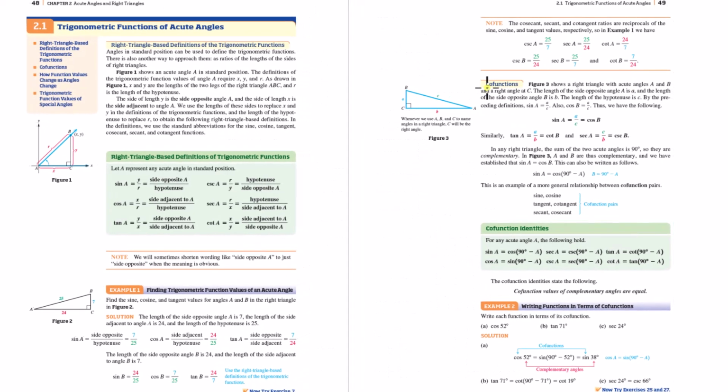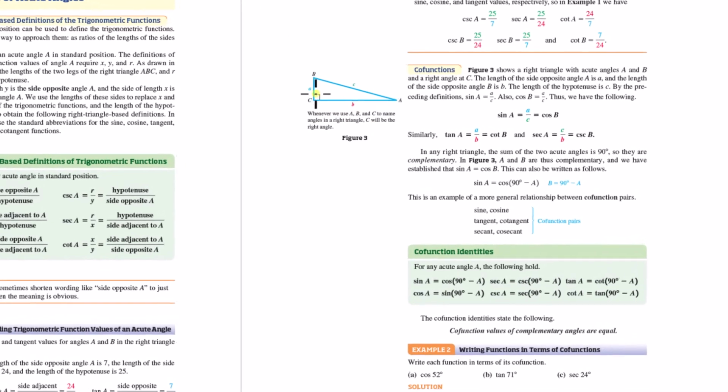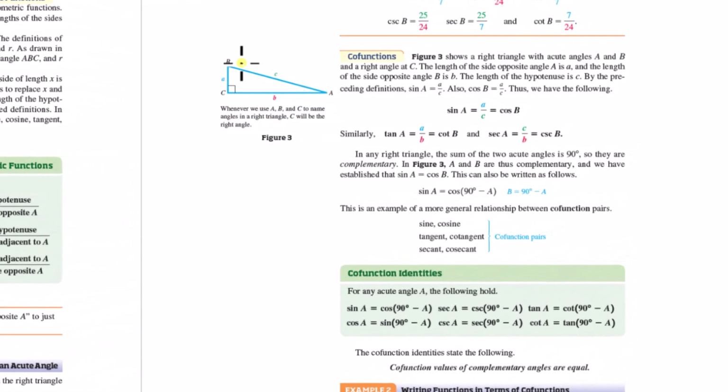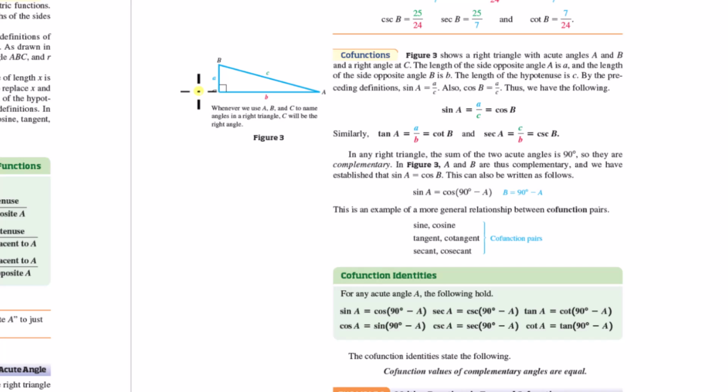Okay, so cofunctions. The idea was you could construct any right triangle like shown here. This represents a complete general right triangle. So angles capital A, capital B, capital C, and then the sides opposite those angles, lowercase b, lowercase c, lowercase a.